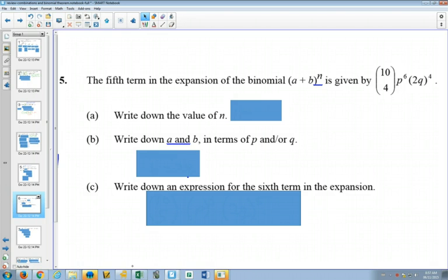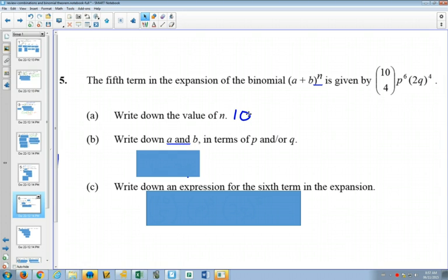So you've got an expansion here, and you want to find the value of n. There are 2 different ways that you can see this value of n. You know from your formula it's n choose r, so the fact that it's 10 choose 4 tells you right there with the 10 that that would be n.